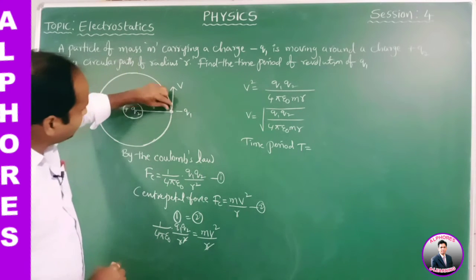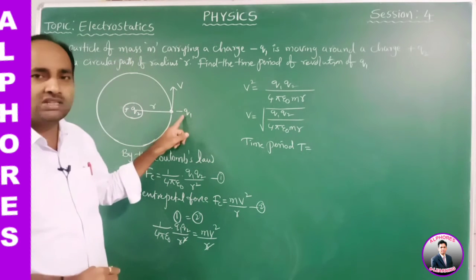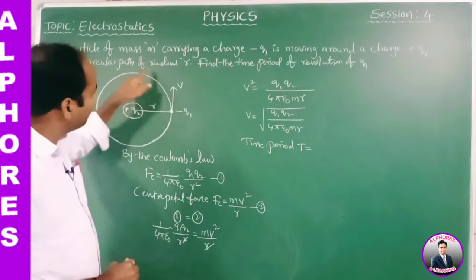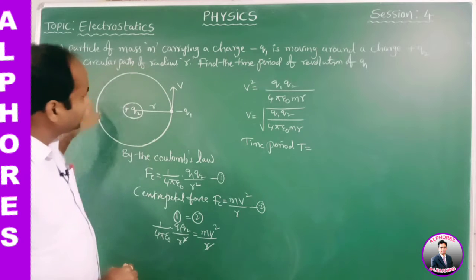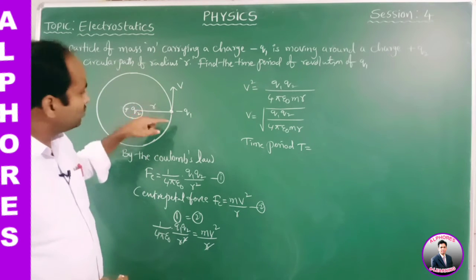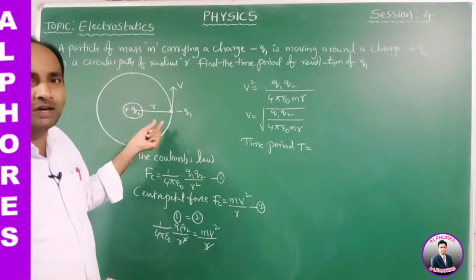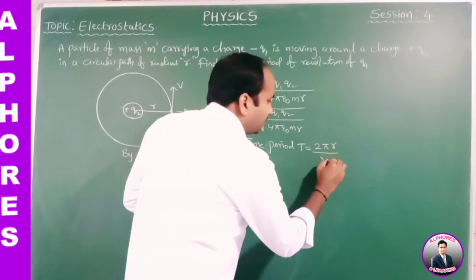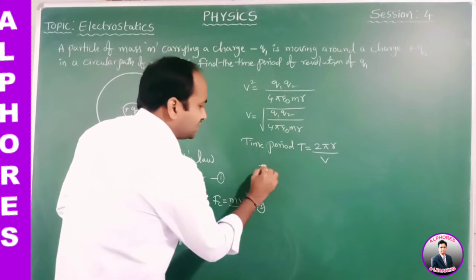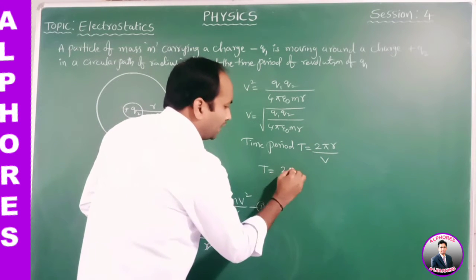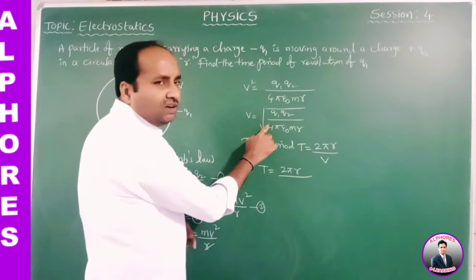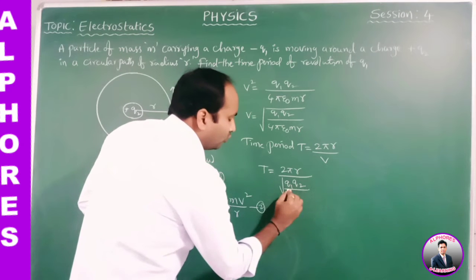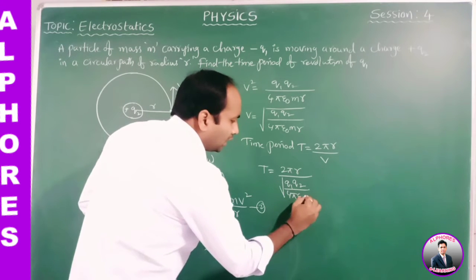The distance covered by the charged particle during one rotation is equal to the circumference of the circle, the length of the circular path of radius r, which is 2 pi r. So T is equal to 2 pi r by v. That is, T is equal to 2 pi r by the square root of q1 q2 by 4 pi epsilon naught mr.